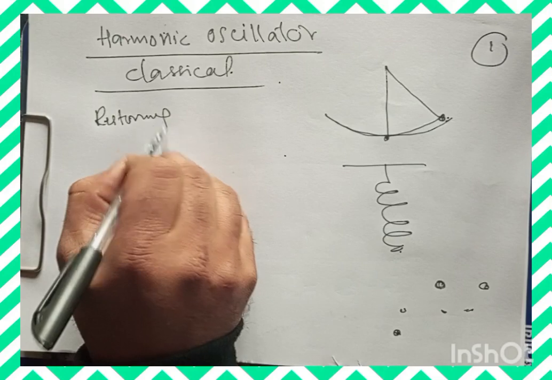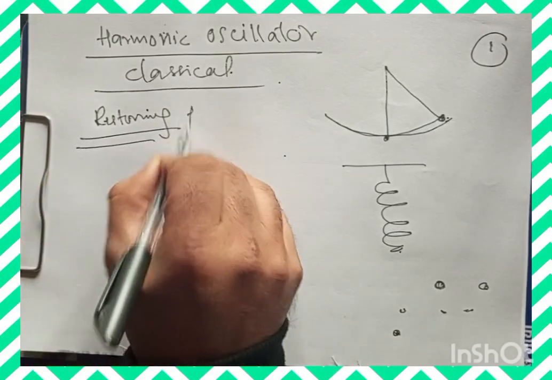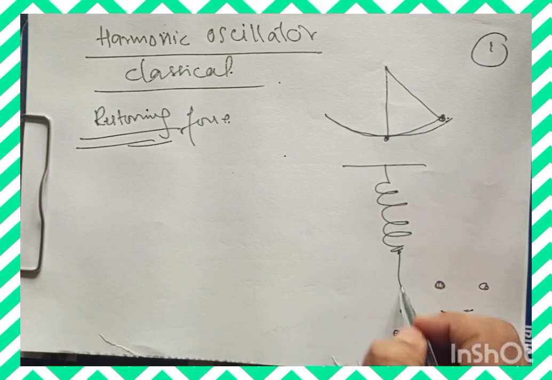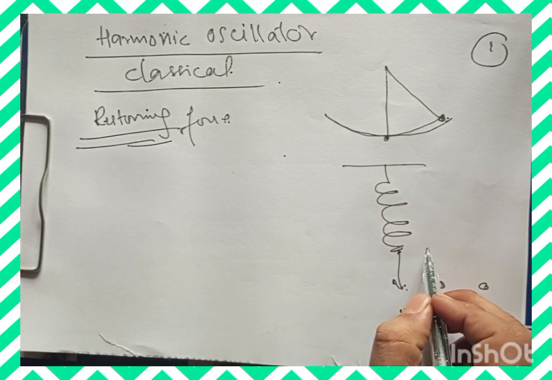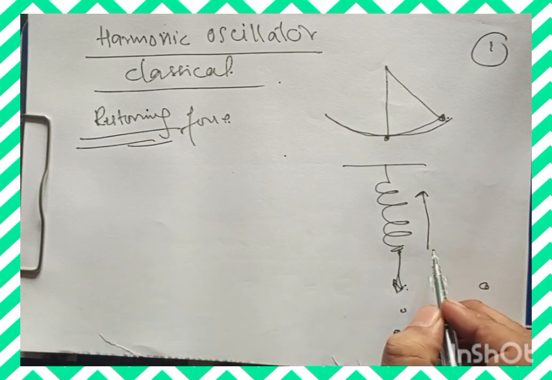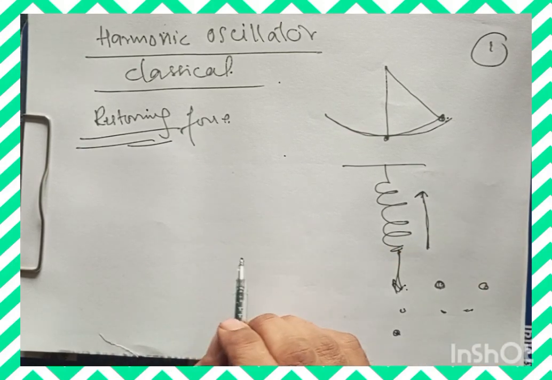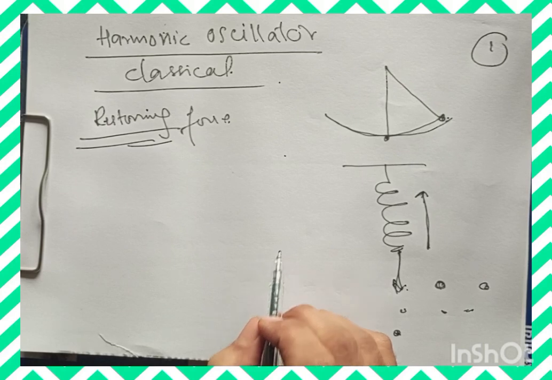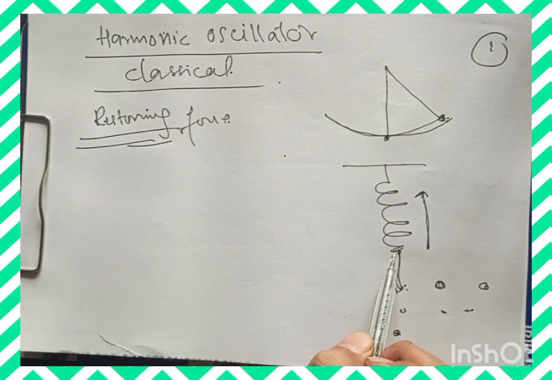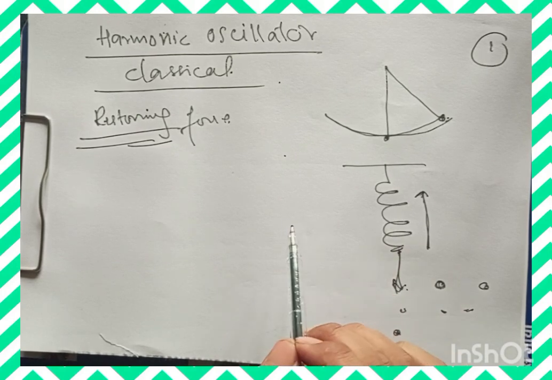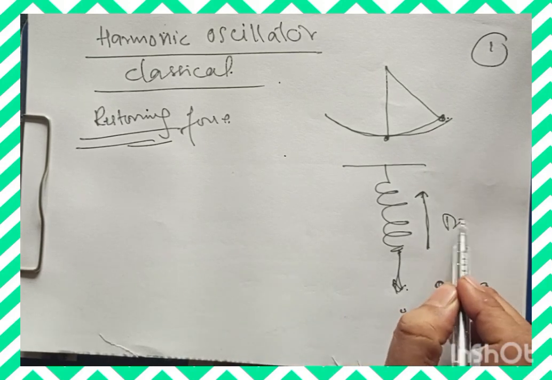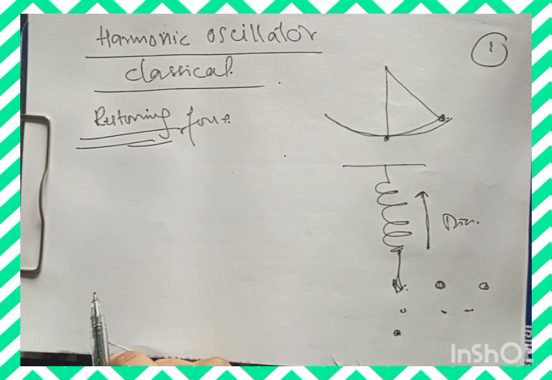So what's making it oscillate is the restoring force. If I exert some force on this spring, it has a force that's opposite to the applied force. This opposite force, which we call the restoring force, is the force that acts to return the system to its equilibrium position, its equilibrium configuration, whenever we disturb this oscillator.